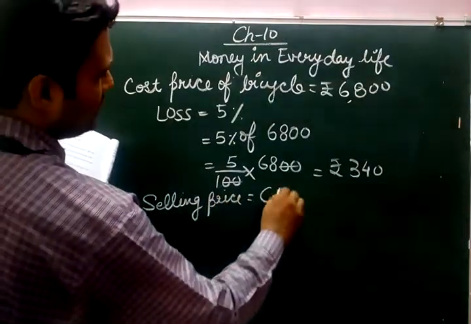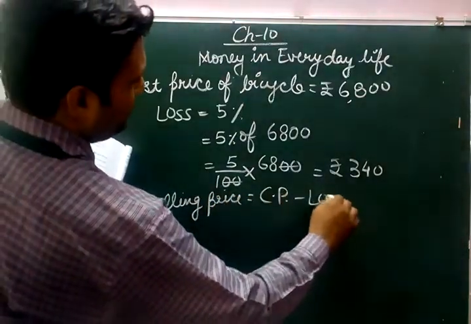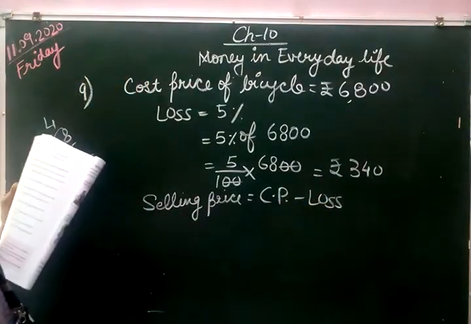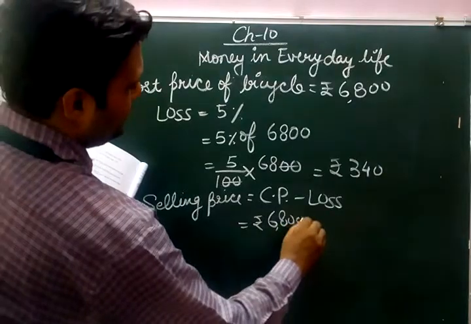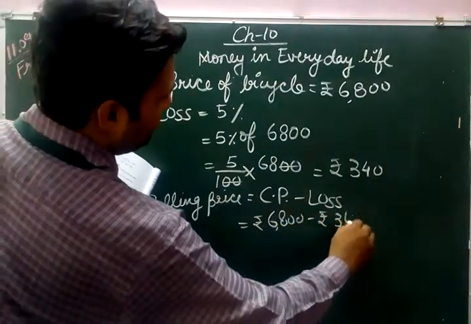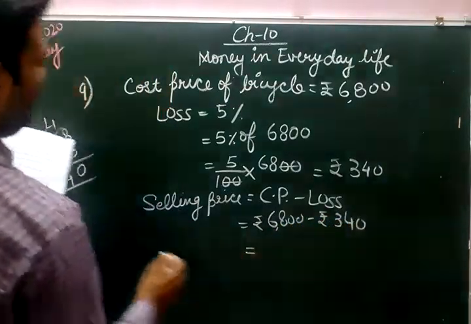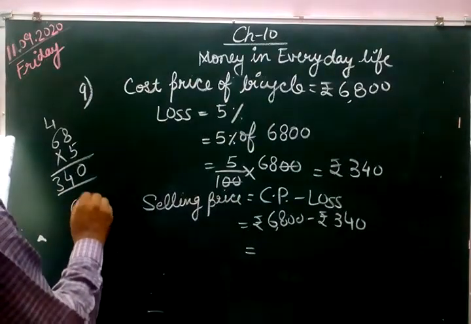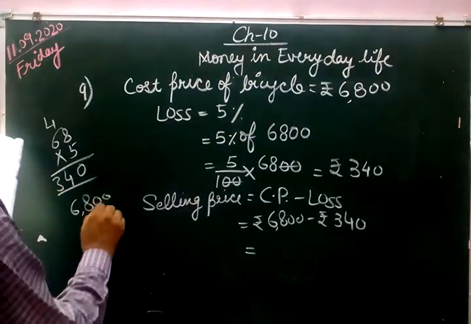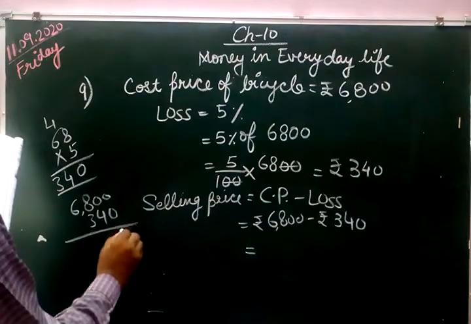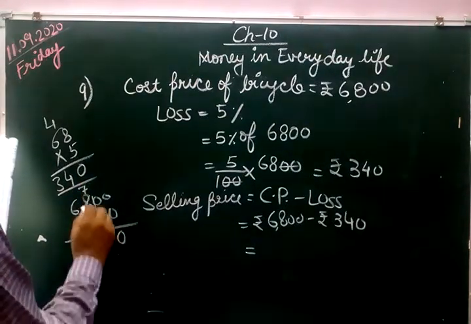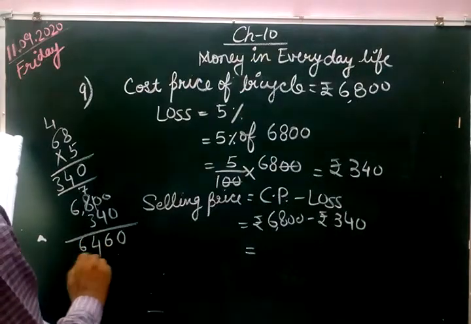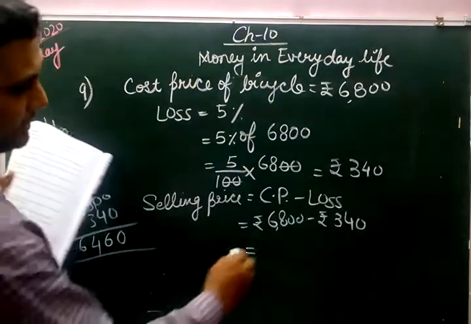When cost price is there and loss is there, cost price minus loss is the formula. Cost price is 6,800 minus rupees 340. 6,800 minus 340, 6,460 rupees.